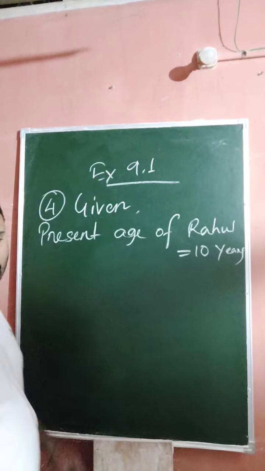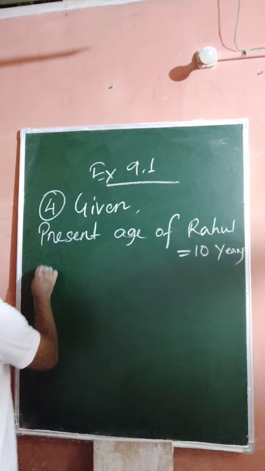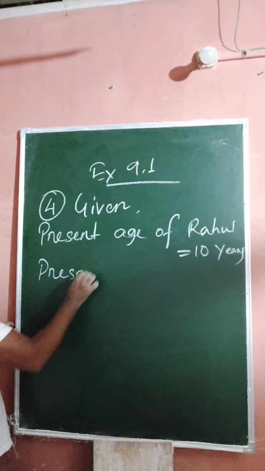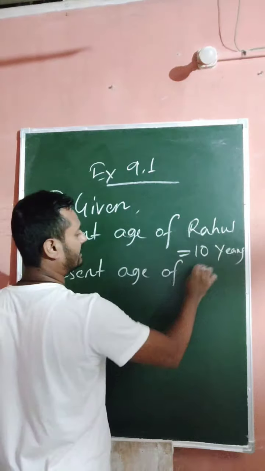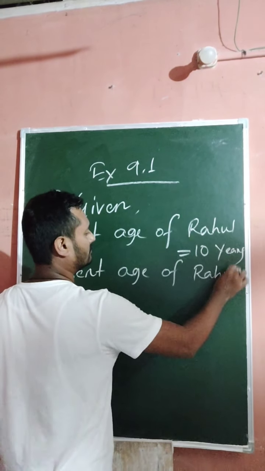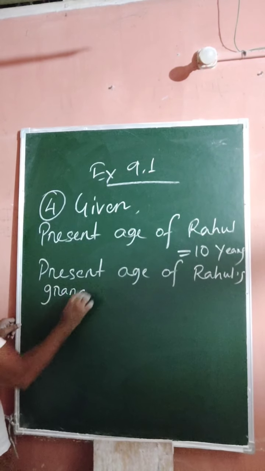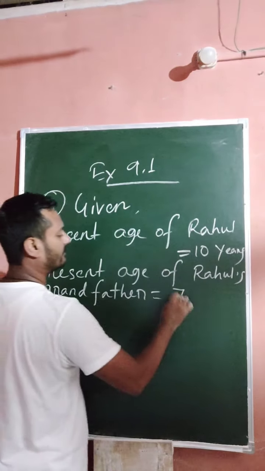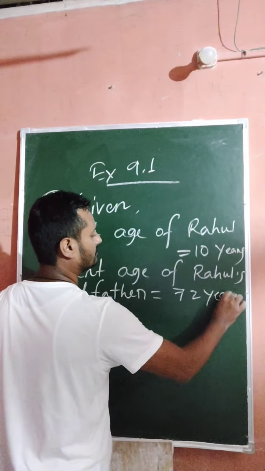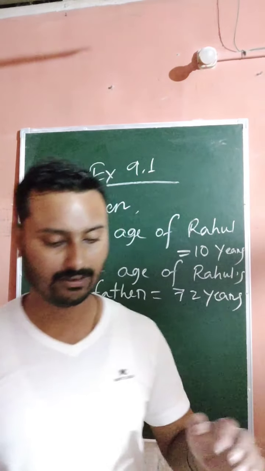Another thing given is that his grandfather's age is 72. So present age of Rahul's grandfather is 72 years.